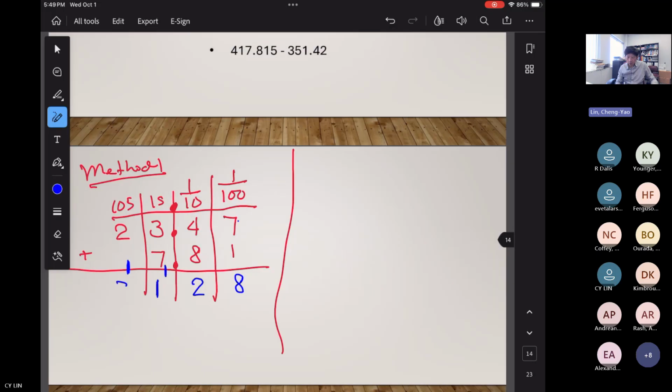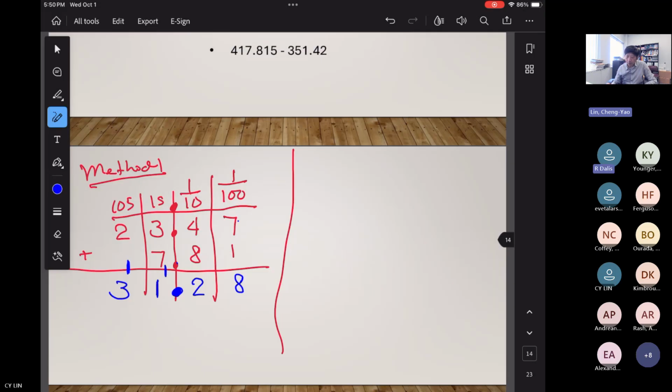Then 2 plus 1 is 3. The decimal point, we have to line it up, yes or no? Yes, we have to line up the decimal point. So 31.28. That is good for the general learner, or everybody, okay?